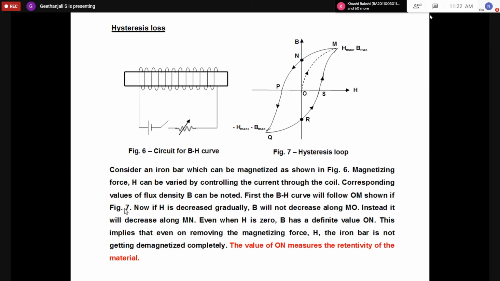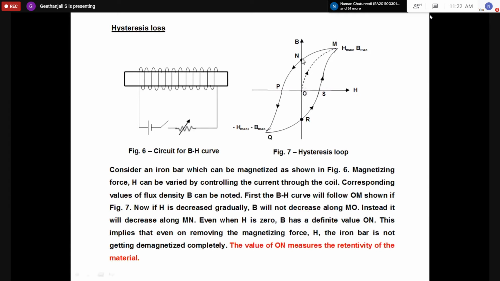Even when H is 0, B has a definite value of ON. This implies that even on removing the magnetizing force H, they are removing the magnetizing force H here. Where? Which place? This place.